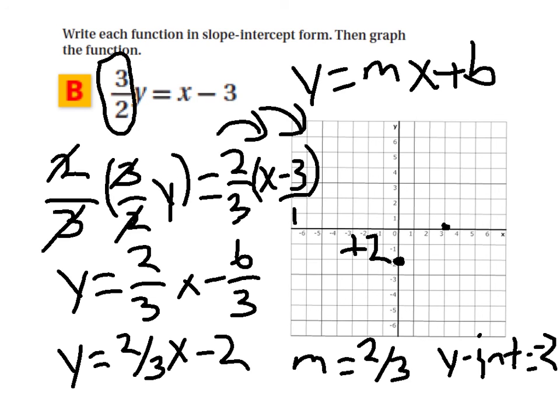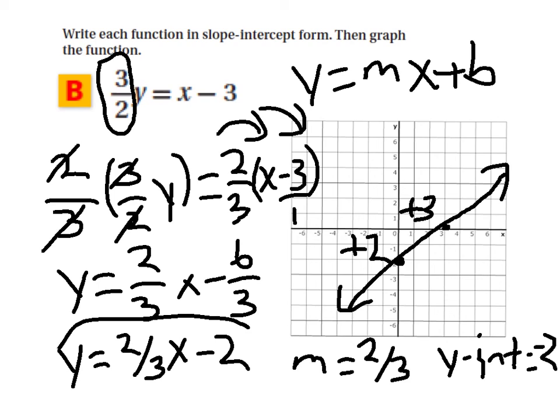And then to graph the function, we simply connect the dots and make our line. So the function in slope-intercept form is y equals 2 over 3x minus 2. In the graph, we plot the y-intercept first, use the slope to find the next point, connect the dots.